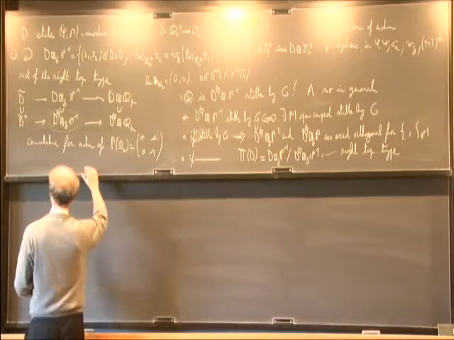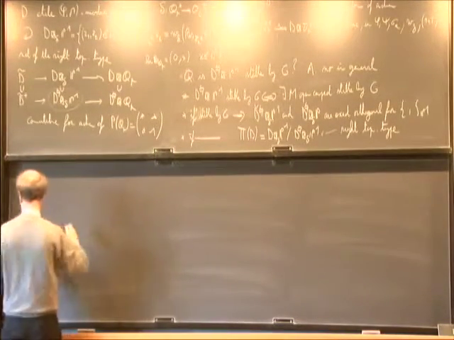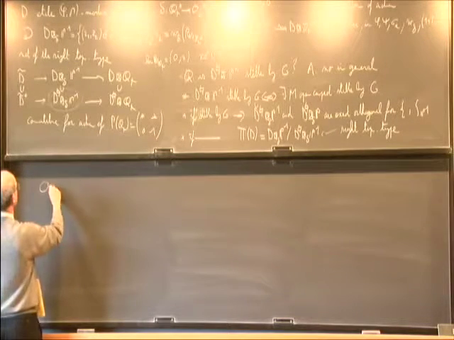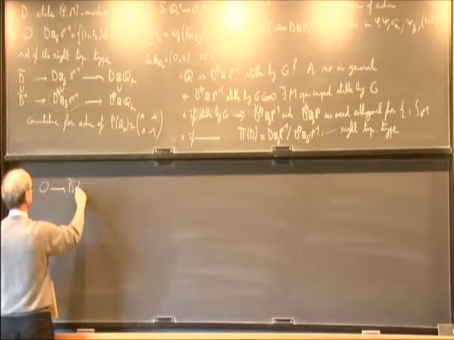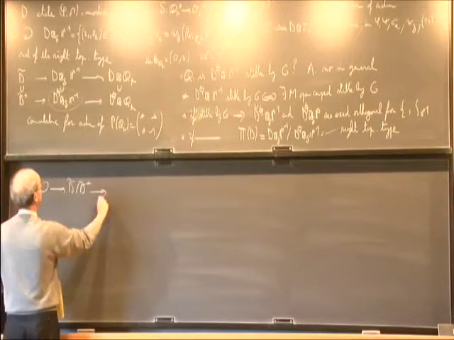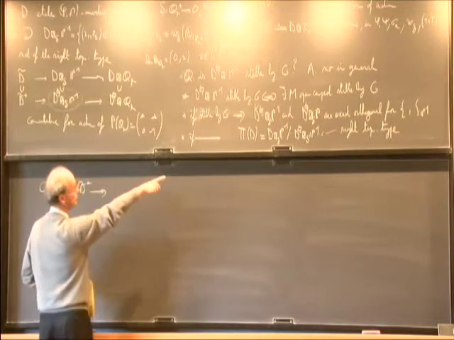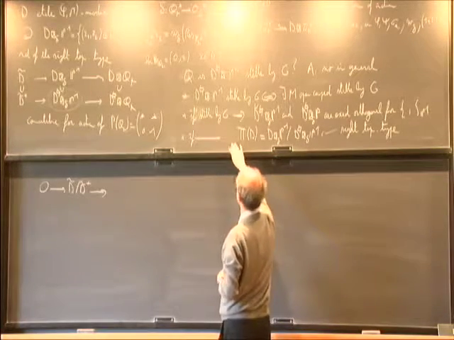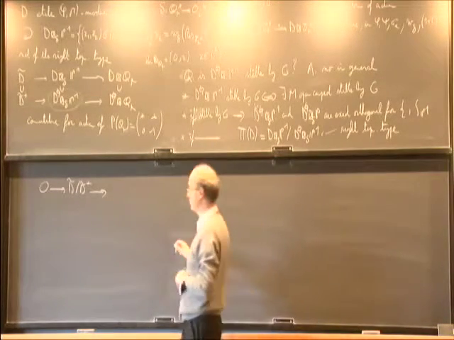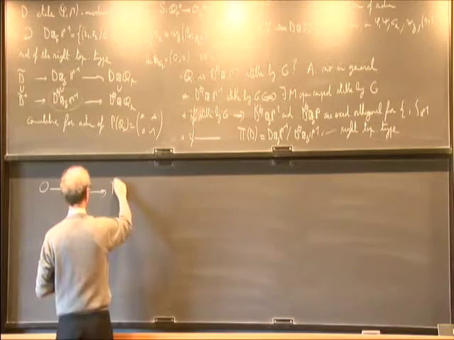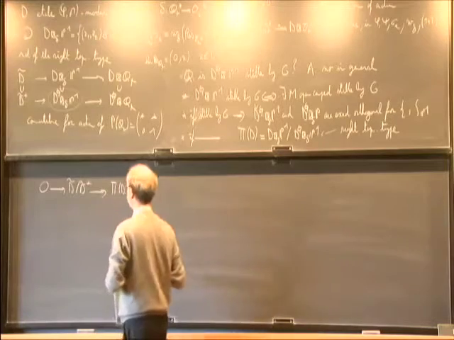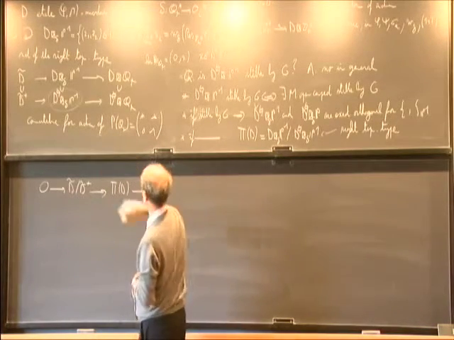What I did not explain was the following thing. So you have an exact sequence. Still, if you are in this situation where everything is stable by G, you have an exact sequence like this, just because of that over there.